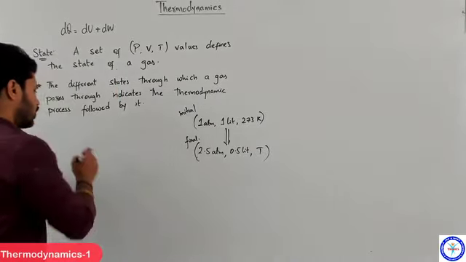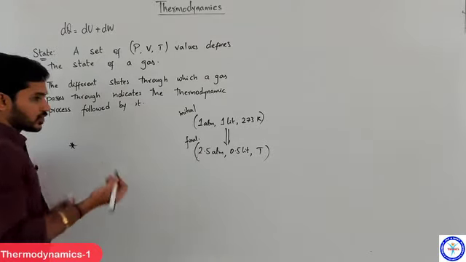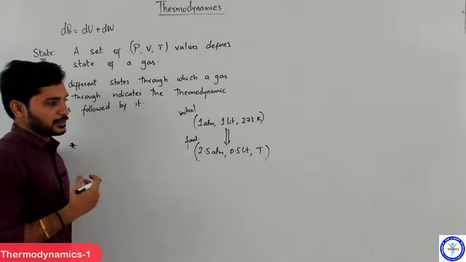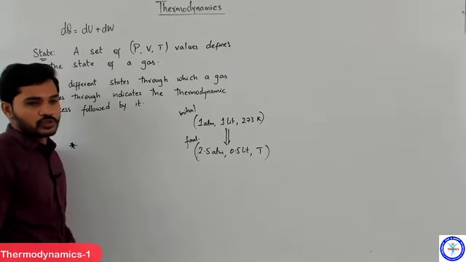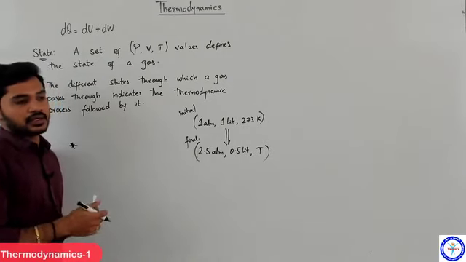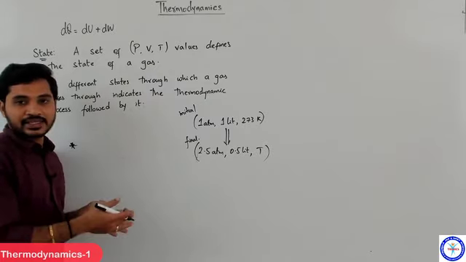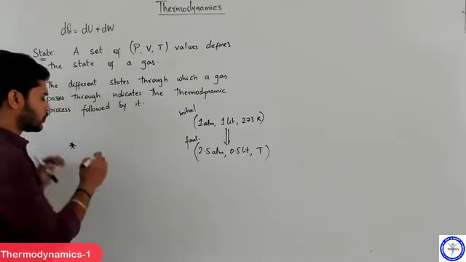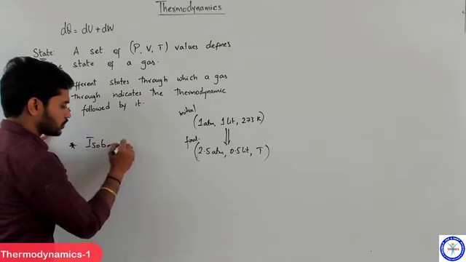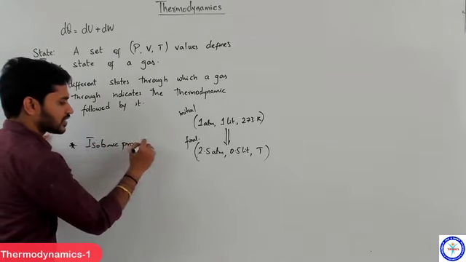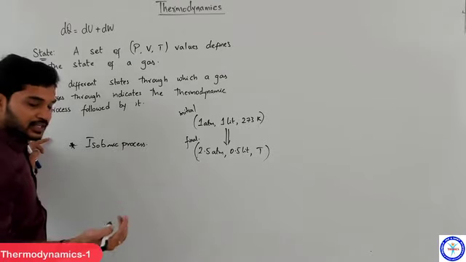And there are an infinite number of thermodynamic processes that a gas can undergo, right? But mostly we will be dealing with some basic, standard thermodynamic processes, which we call the isobaric process. These are some standard ones. There are many other thermodynamic processes as well.